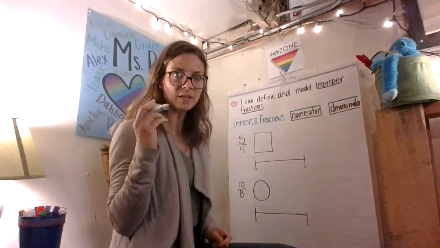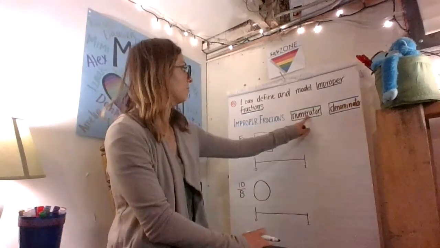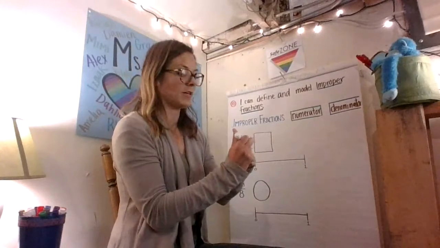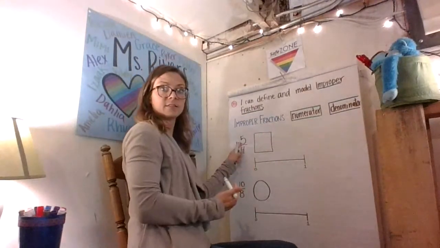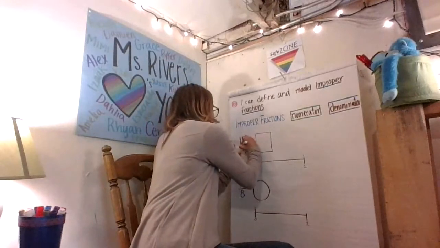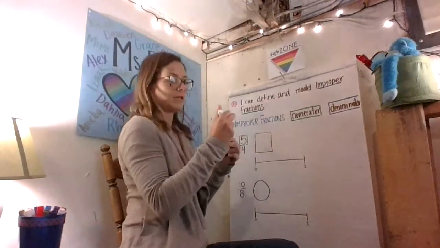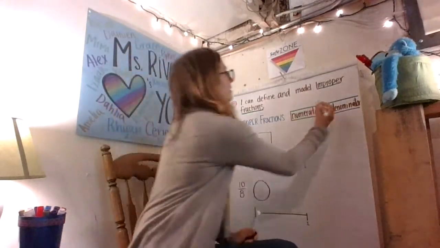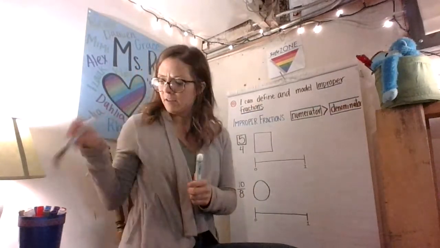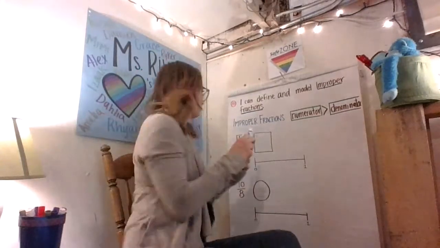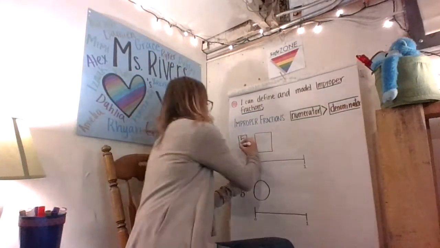An improper fraction is when the numerator, the number on top of the fraction, like in this example, 5, is greater than the denominator, the number at the bottom of the fraction, in this case, 4.